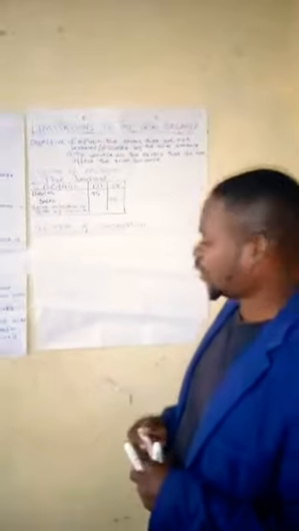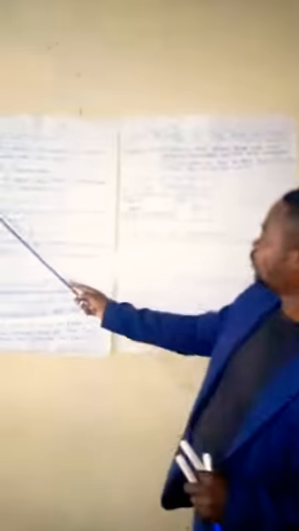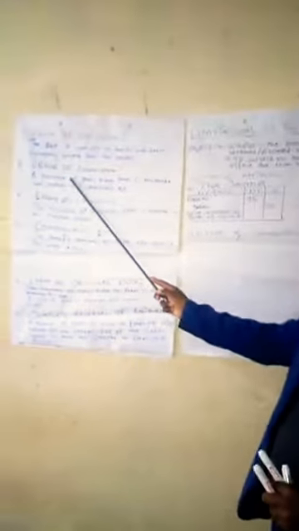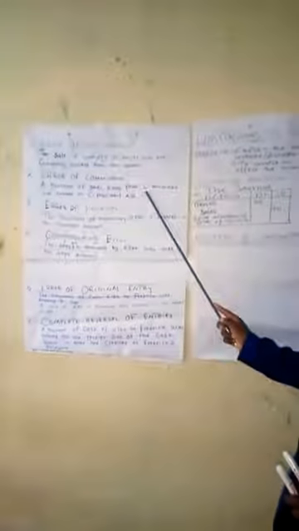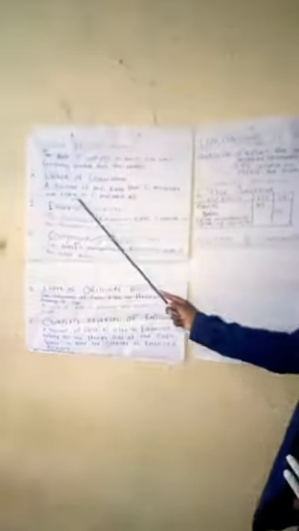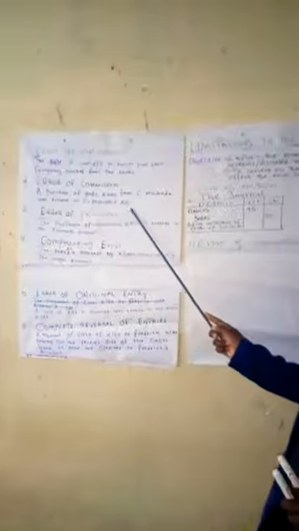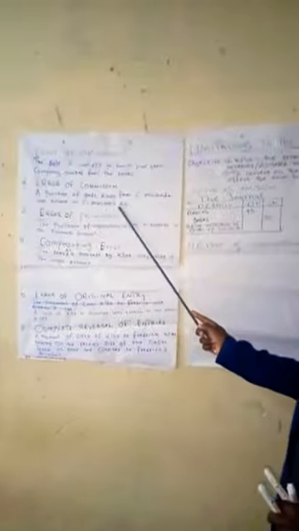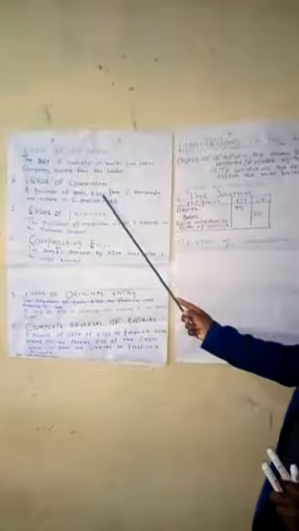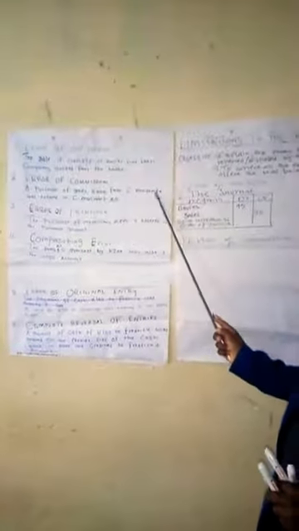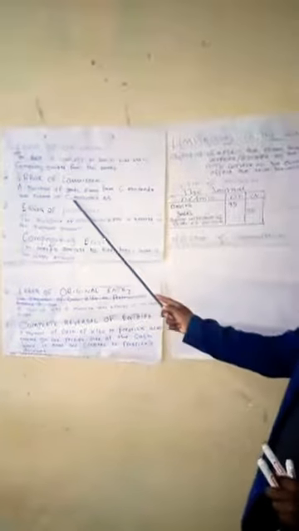An example that we have for error of commission is a purchase of goods 400 kwacha from C Musonda was entered in C Mulimbi's account.